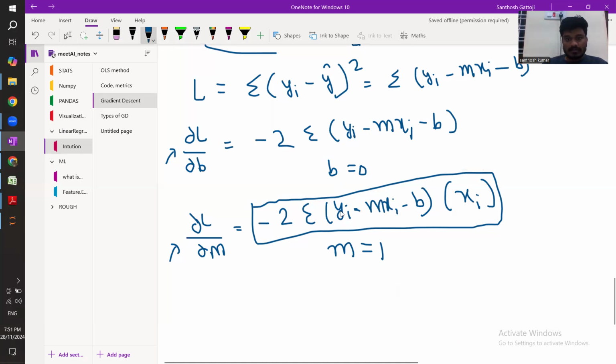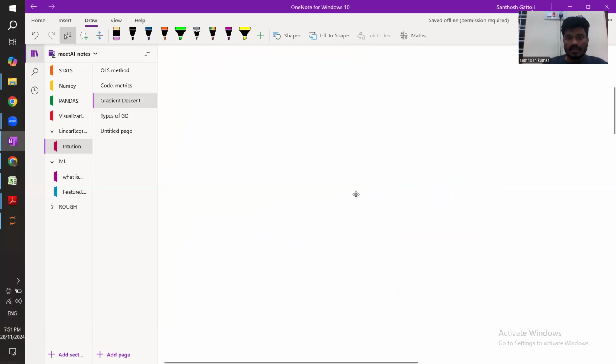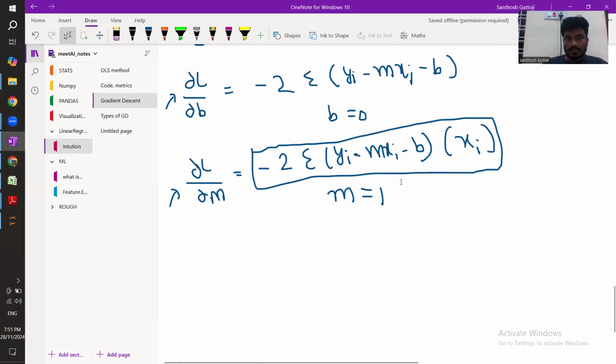Every time you are going to pass the actual value and its corresponding m value. M is what? My m old. When you're starting with some random value, m old will be that m value. I will just write it over here, to take the attention.